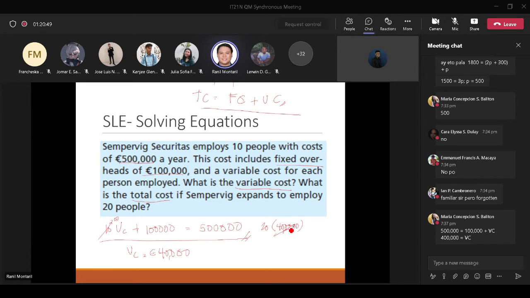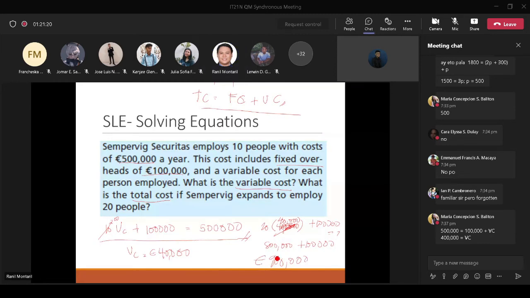This is 40,000 plus 100,000 na fixed cost is equal to what value? So this will become 800,000. Tama ba? Yes po. Plus 100,000. So that the new total cost, if we expand to 20 people, will be 900,000 euros.